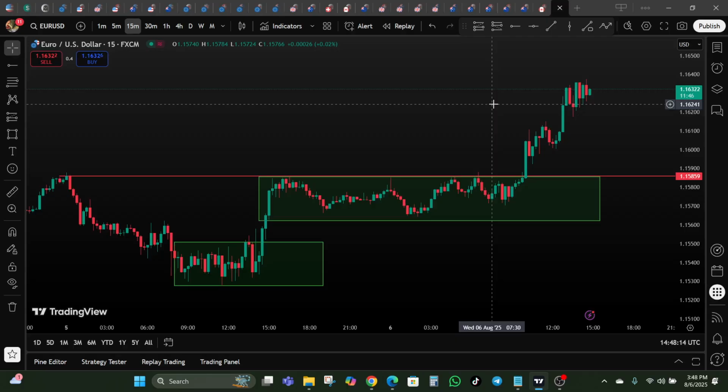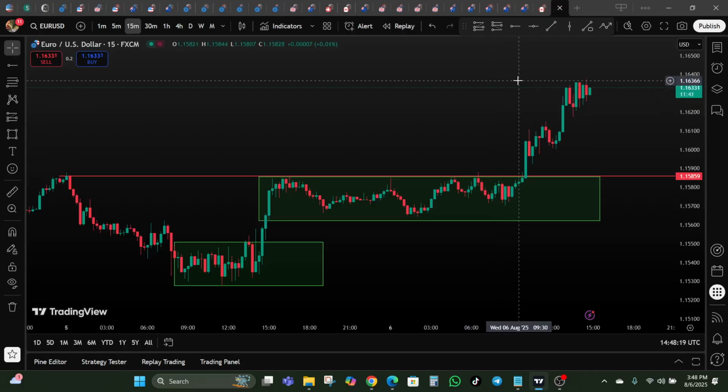And you should also avoid entering right into high impact news, because when high impact news is what led to a breakout, that breakout is going to be unreliable, because it was just price following the momentum of the news.